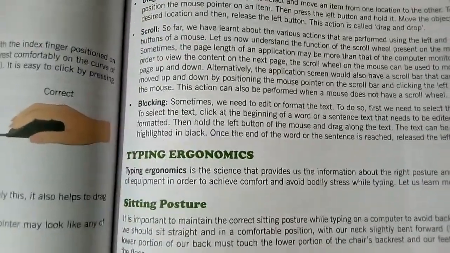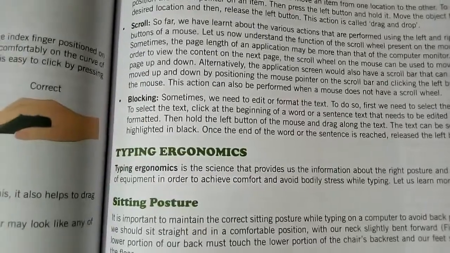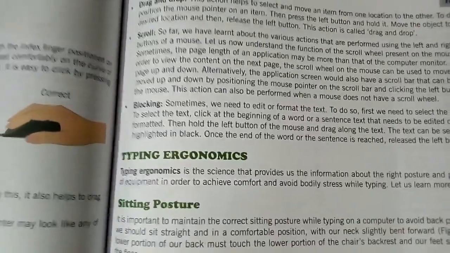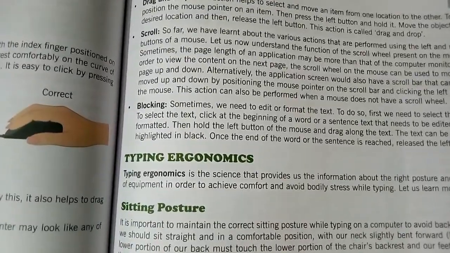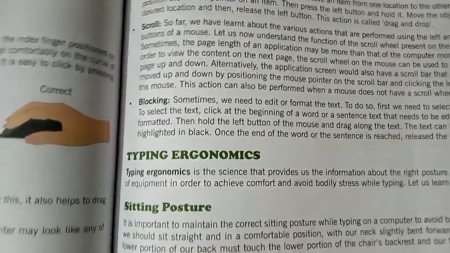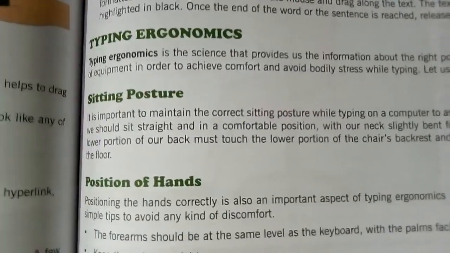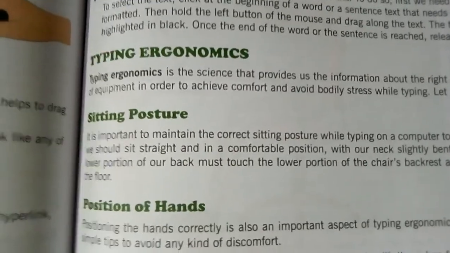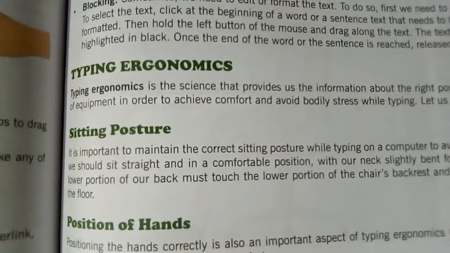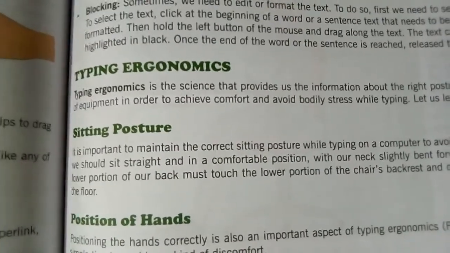Next one is typing ergonomics. Ergonomics provides information about the right posture and positioning of equipment in order to achieve comfort and avoid bodily stress while typing. First, sitting posture: what should be the sitting posture of the user when working on a computer?